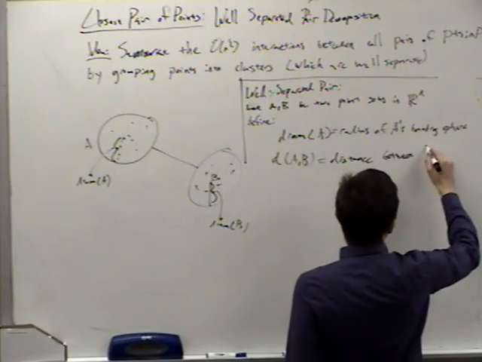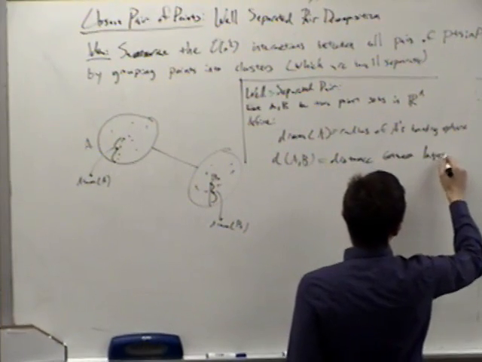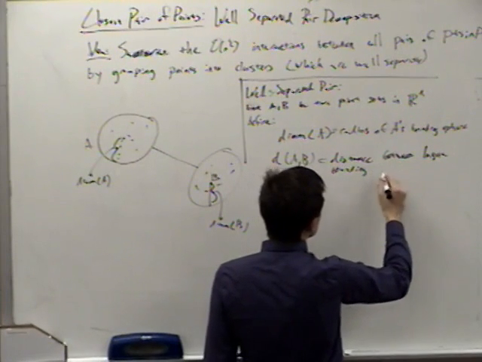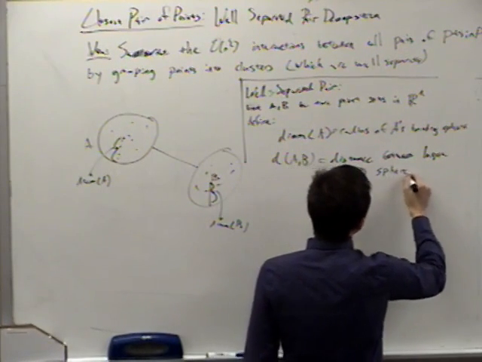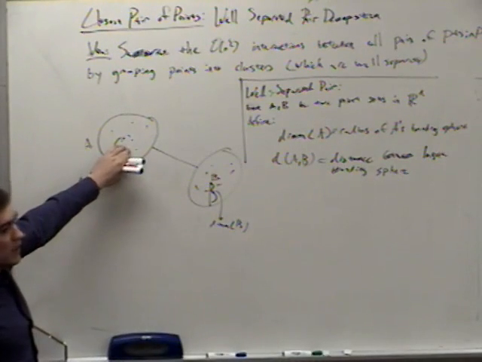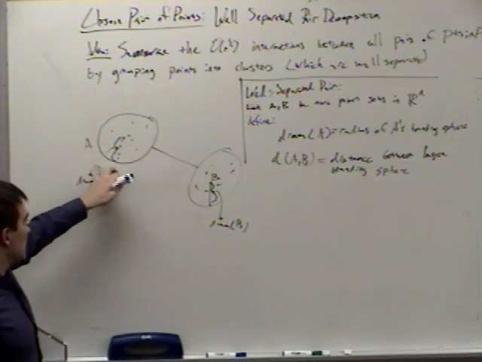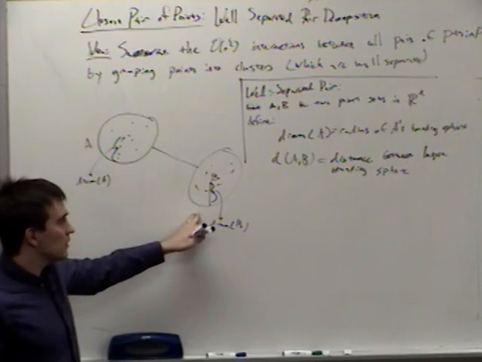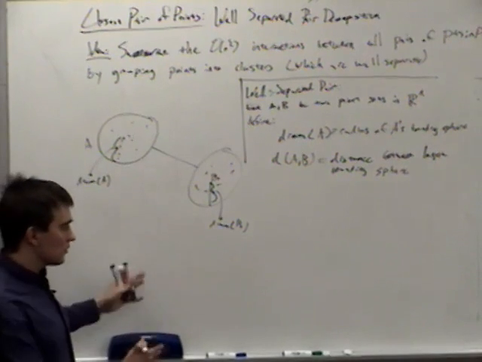I'm going to call largest bounding sphere. That's not the right way to write this. The idea is that we're going to suppose that we have bounded them both by a sphere of the same radius. So suppose that A is bounded by a sphere of radius diameter A, then we better suppose that B is bounded by a sphere of radius B.